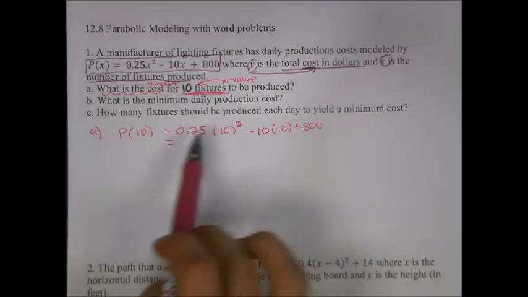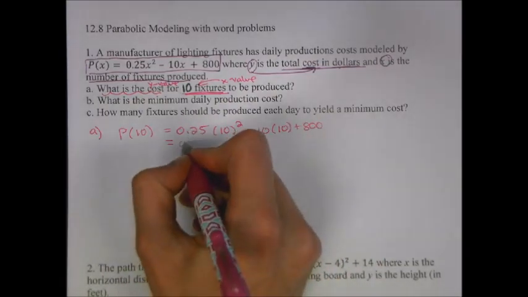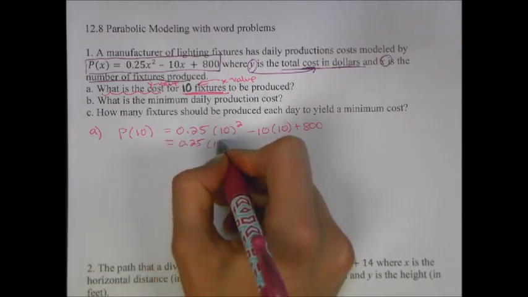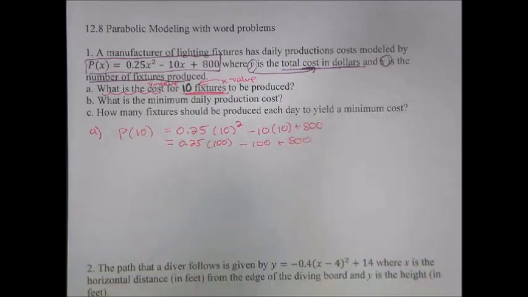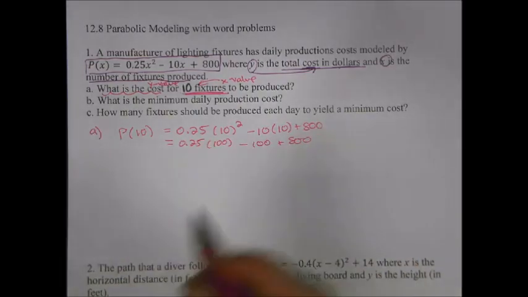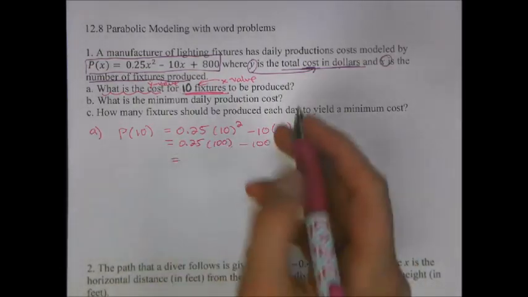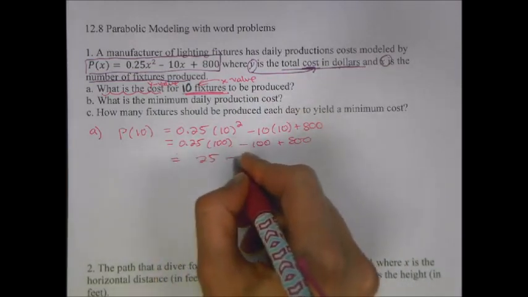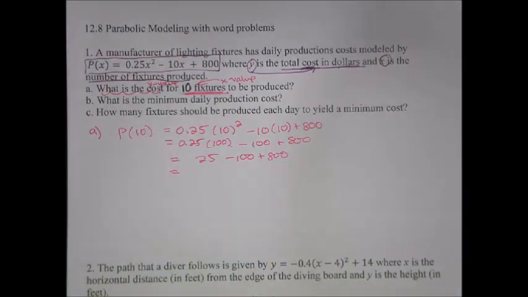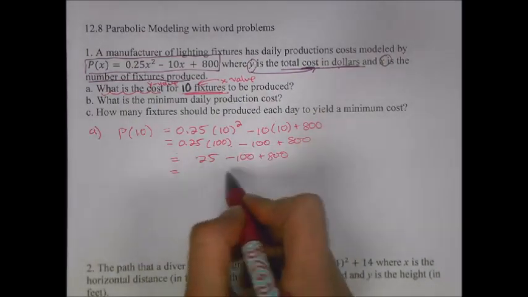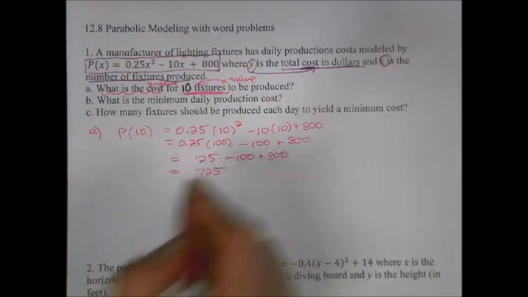So we plug this into our calculators. 0.25 times 100 minus 100 plus 800. That's going to give us 25 minus 100 plus 800. So this is 725.